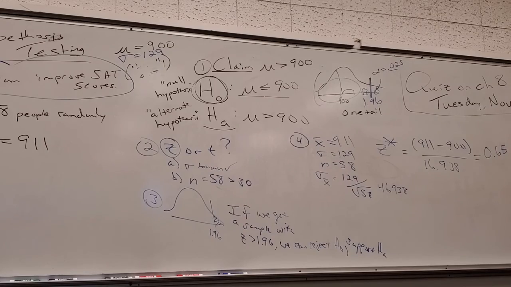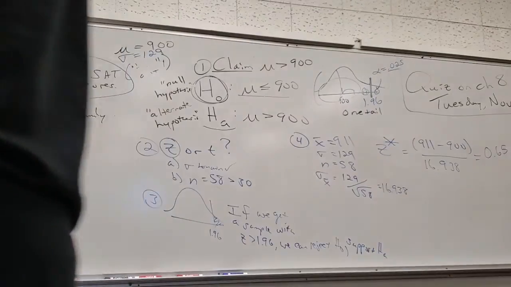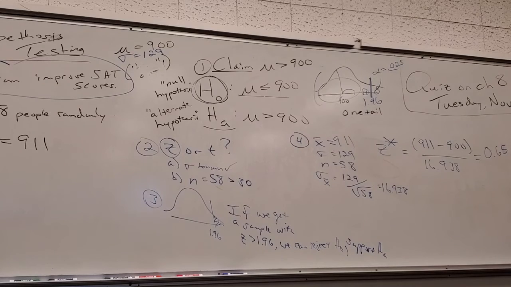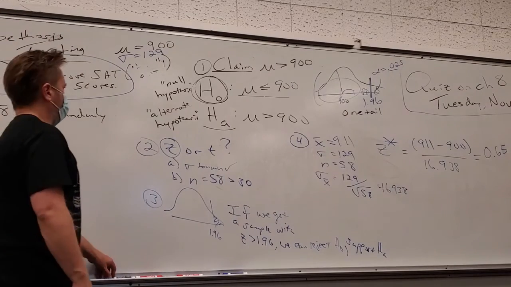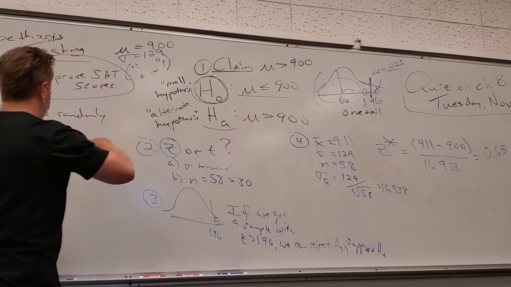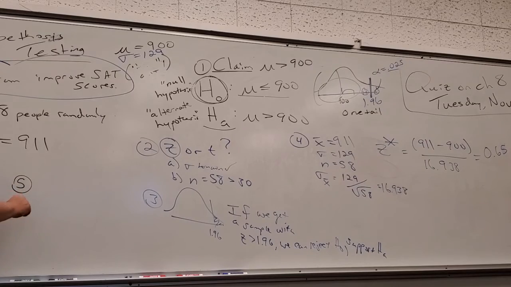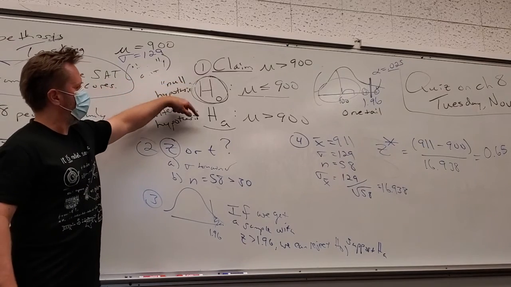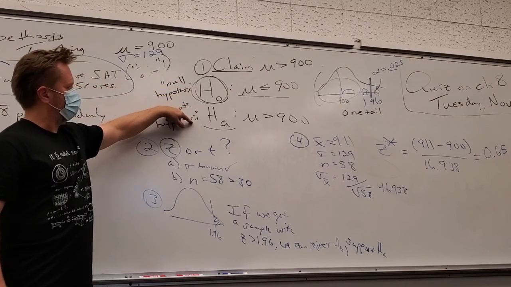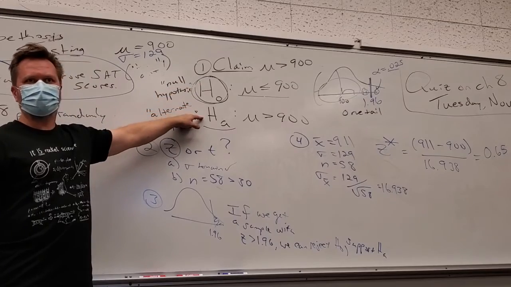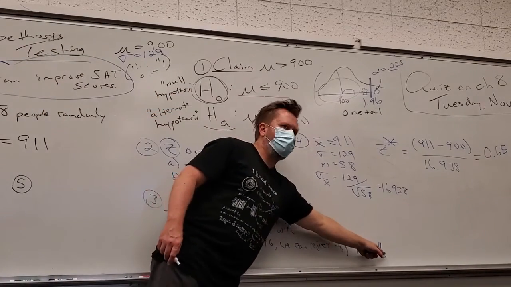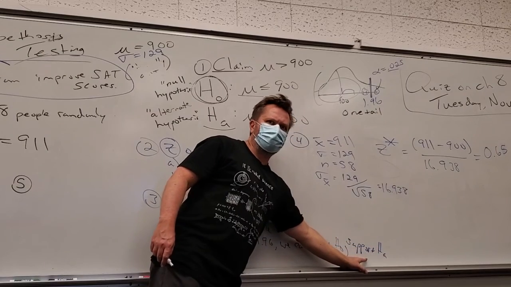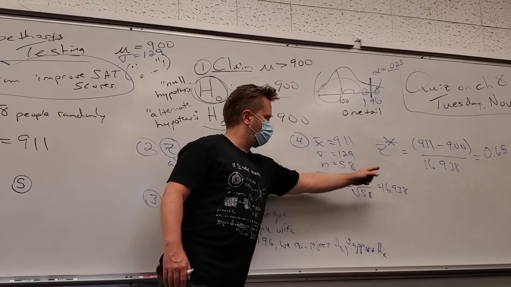Real quick, what are we doing for step 5? Step 5 will be the conclusion. What was the claim? Which one of these was the claim? The alternate. And so what could we do with the Ha? Couldn't we support it or fail to support it? Did we support it?